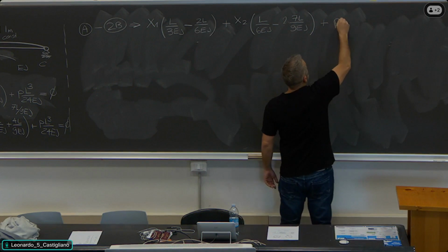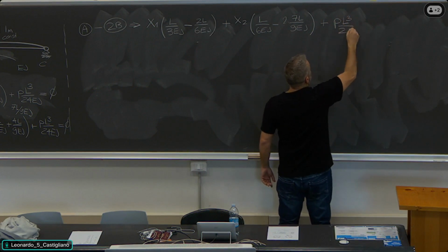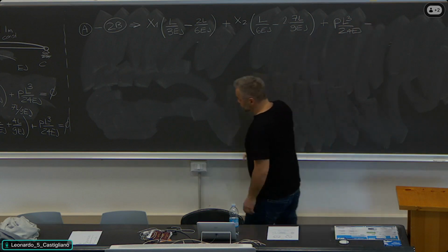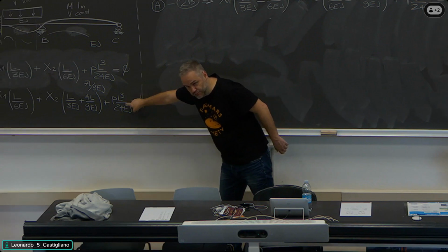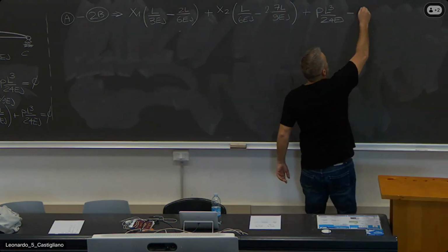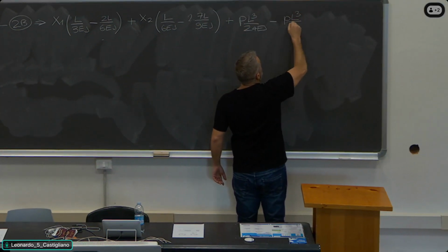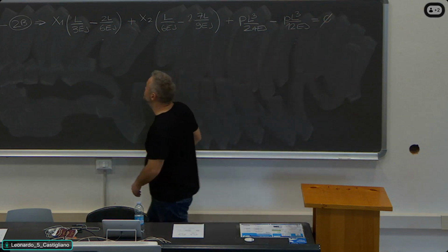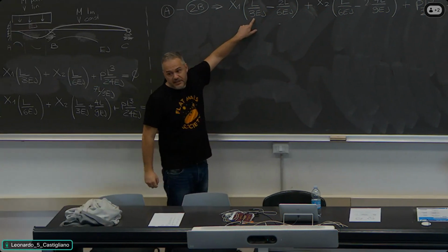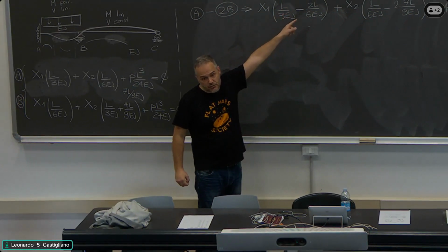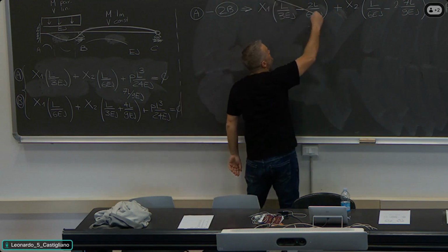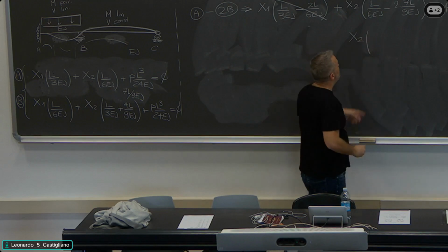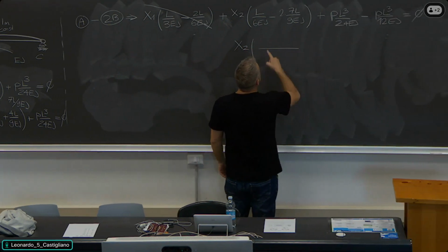plus PL to the power of 3 divided by 24EJ minus this one multiplied by 2, PL to the power of 3 divided by 12EJ equals 0. Now, L divided by 3J minus 2L divided by 6J, which is again L divided by 3J, gives 0. Here I have x2 times a little bit of math. So here it's 6, it's 9.